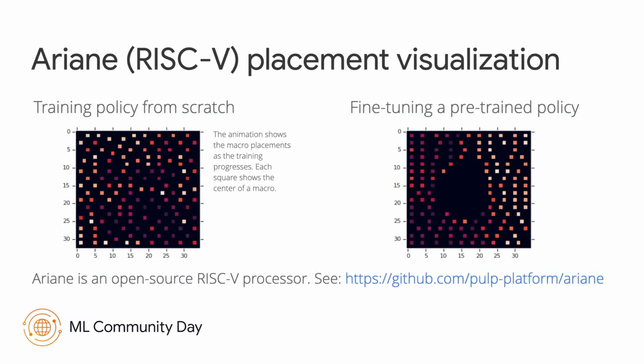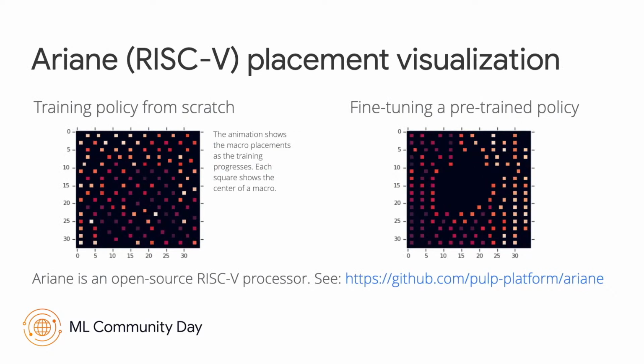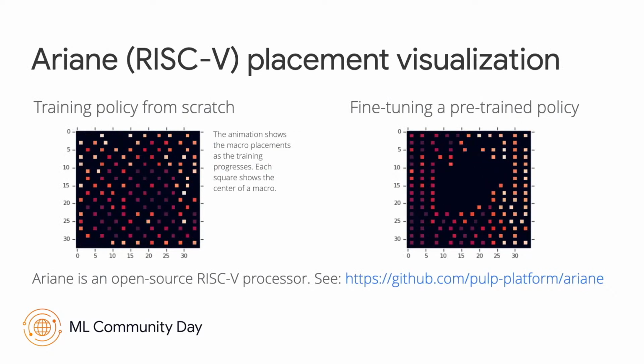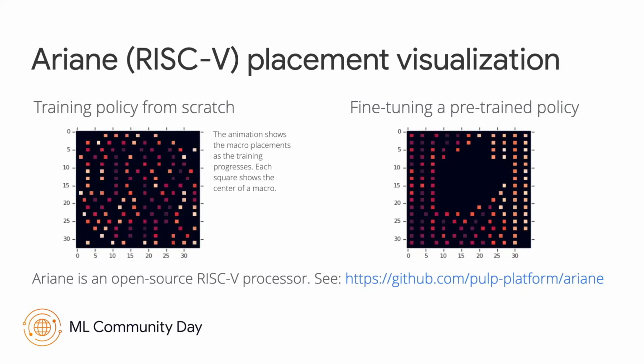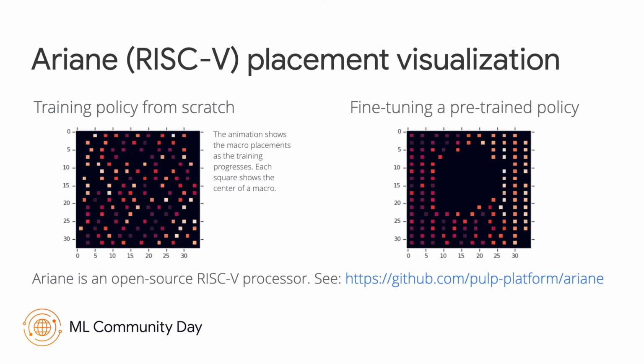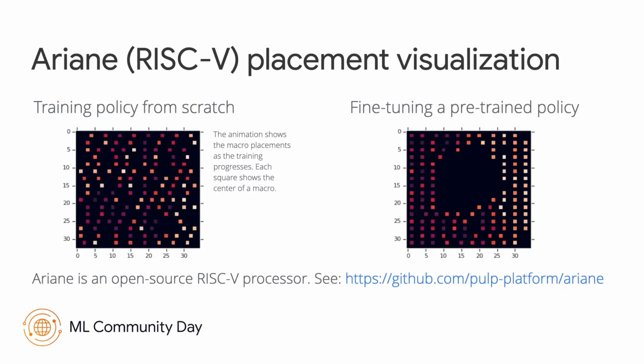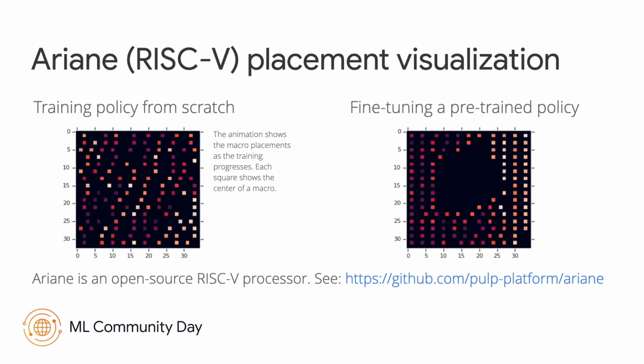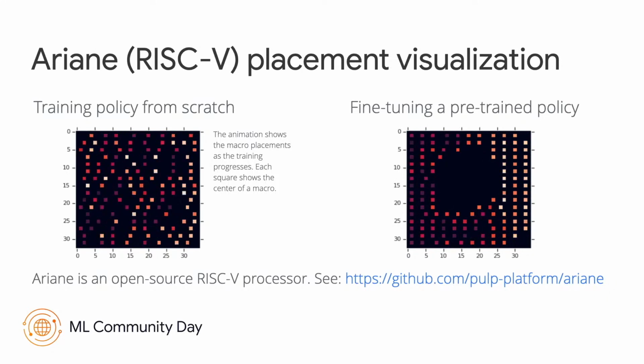In this animation slide, we are basically showing how this generalization works. On the right side, we have a policy that is pre-trained on a set of netlists, and we applied it directly to a new netlist, in this case, a RISC-V Ariane block. On the left side, we are training this policy from scratch for the same block.